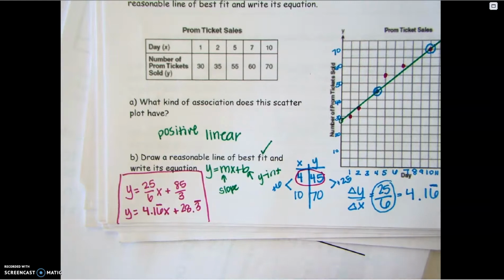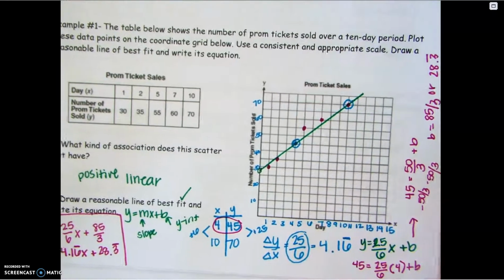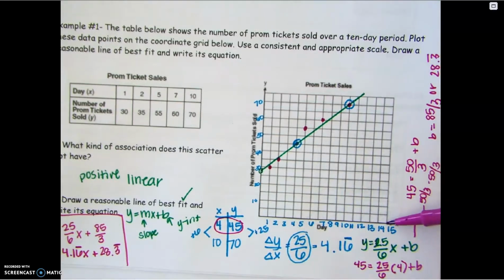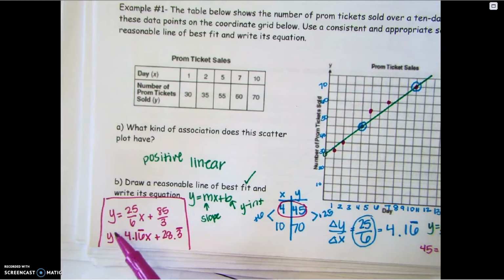This is helpful because say I want to know how many prom tickets I'll sell within 15 days. Well, that's not in my picture, but I can use my equation to plug in 15 for x to see what my output would be. That's why lines of best fit are helpful. They're helpful to predict things about data that we can't see.